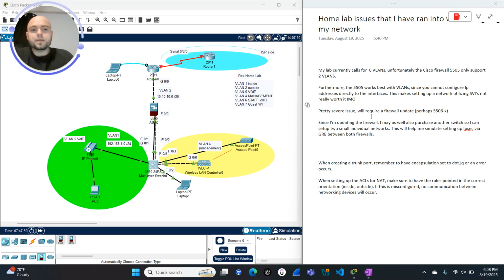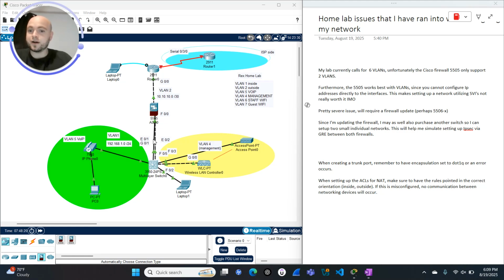I would also say with the 5505, this switch here, the layer 3 switch, is not really the ideal switch to have with this one. It works, but as you know, a layer 3 switch allows you to do routing via the switch, and the 5505 really leans towards VLANs.